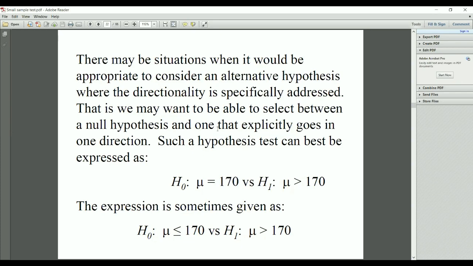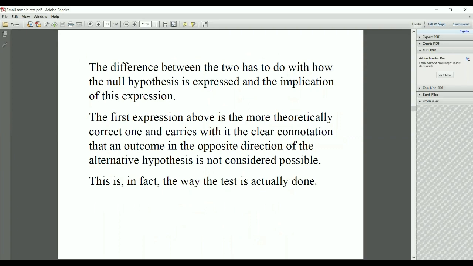So this is one tail area. The difference between the two lies in how the null hypothesis is expressed and the implication of the expression. The first expression is the more theoretically correct one and carries the clear connotation that an outcome in the opposite direction of the alternative hypothesis is not considered possible.